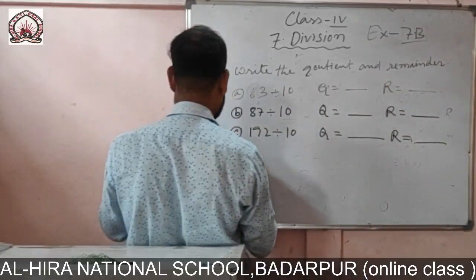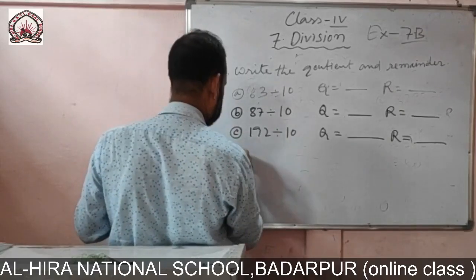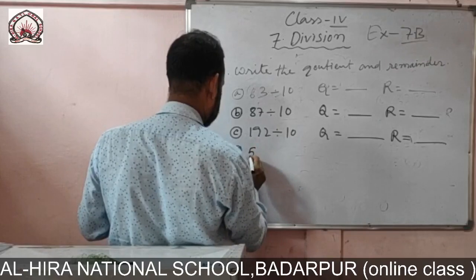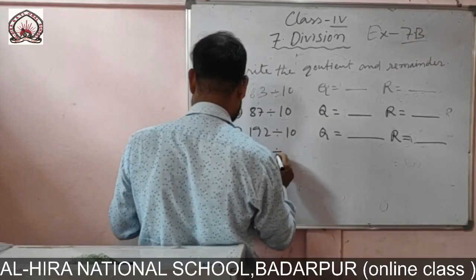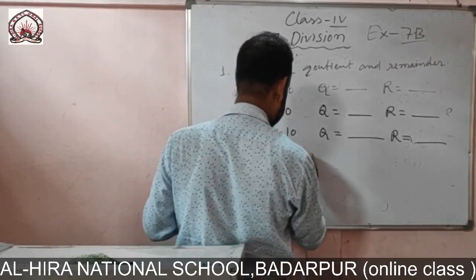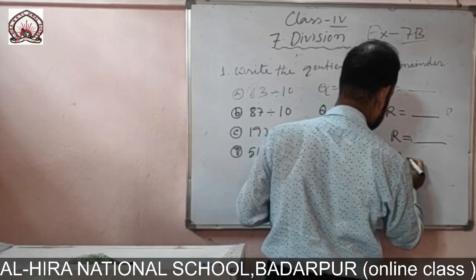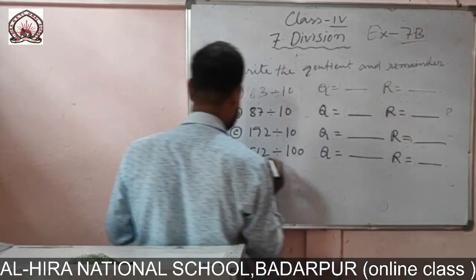Next, question number G, 512 divide 100, Q dash, R dash.